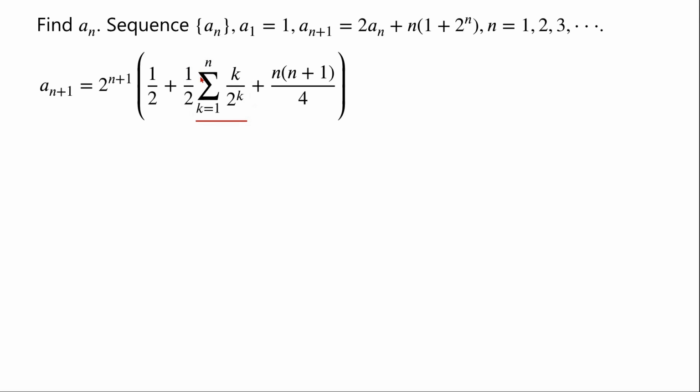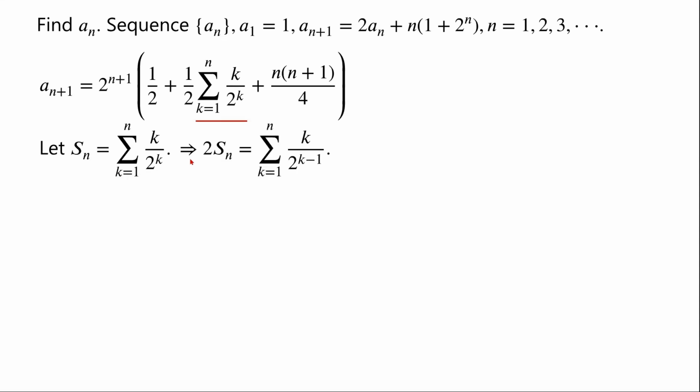Now we need to work out sigma k equals 1 to n of k over 2 to the power of k. We let Sn equal sigma k equals 1 to n of k over 2 to the power of k. So 2Sn equals sigma k equals 1 to n of k over 2 to the power of k minus 1.